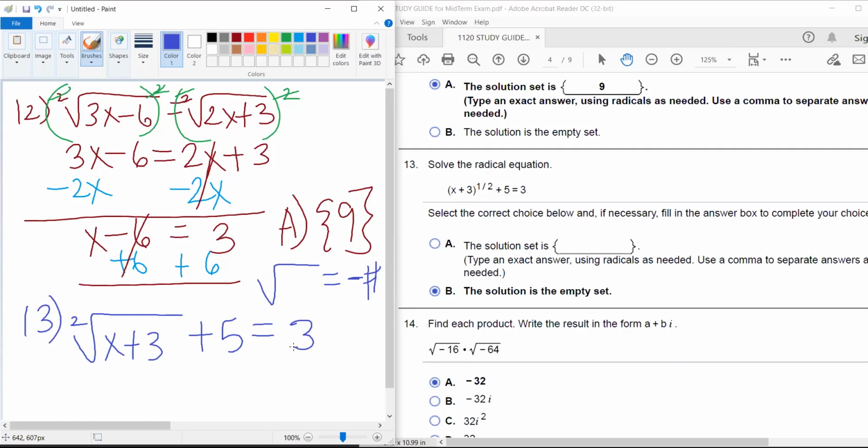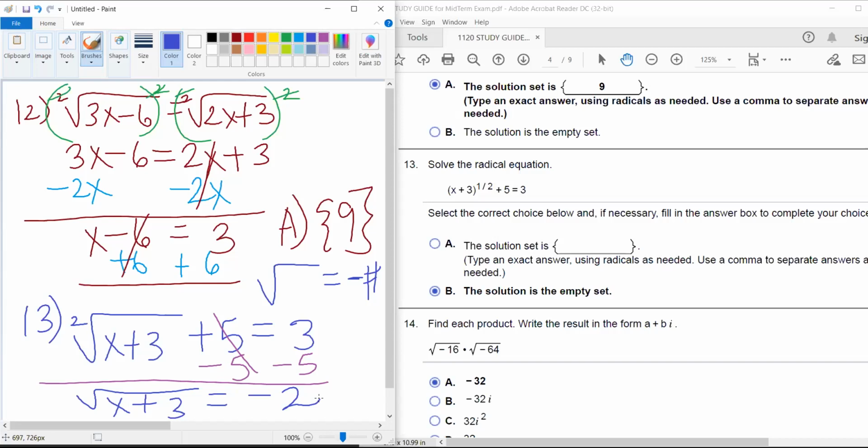Now, to solve any radical equation, you need to get the part with the radical sign by itself. So that means for this problem, we need to subtract 5 from both sides. And that gives us the square root of x plus 3 equal to -2.